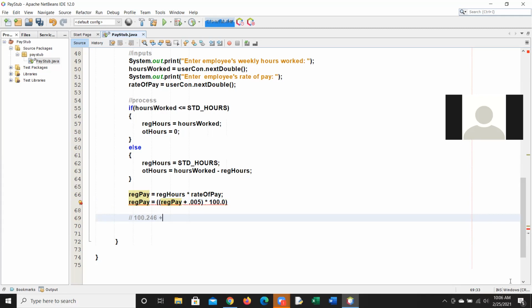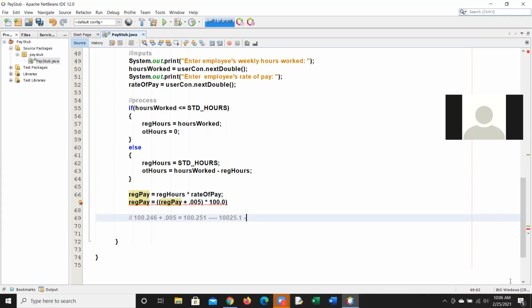If I add 0.005 to that, then I get 100.251, right? Then if I multiply that by 100, I get 10025.1, right?